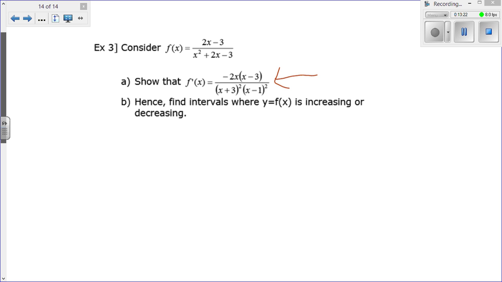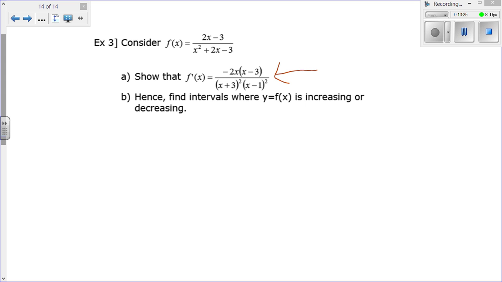So we have a fraction, which means we need to use our quotient rule.